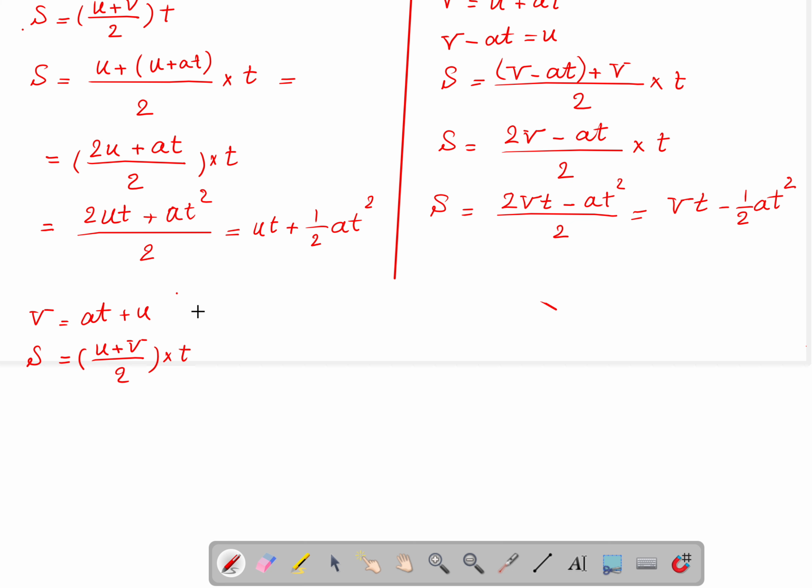So I'm going to rearrange this formula to find t. So v minus u equals at, and we can write v minus u divided by a equals t. So I found t equals something. Okay. Now, in the formula of displacement, I'm going to write t equals v minus u divided by a and find the result.